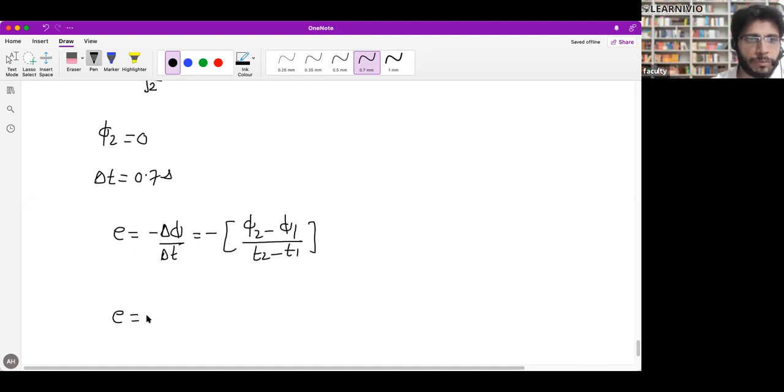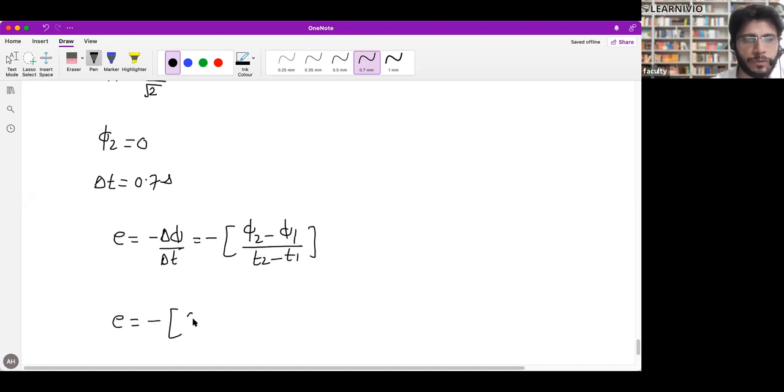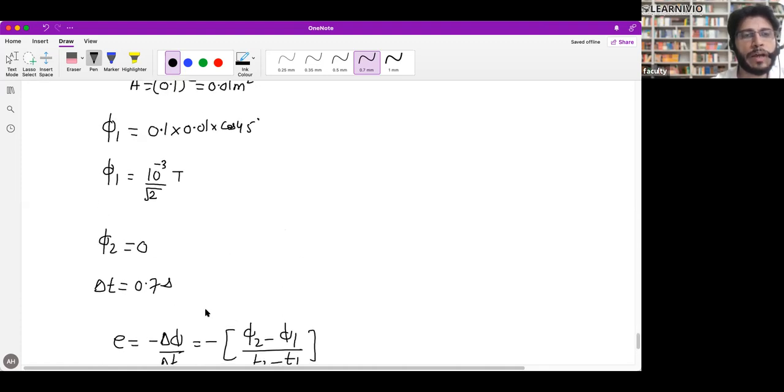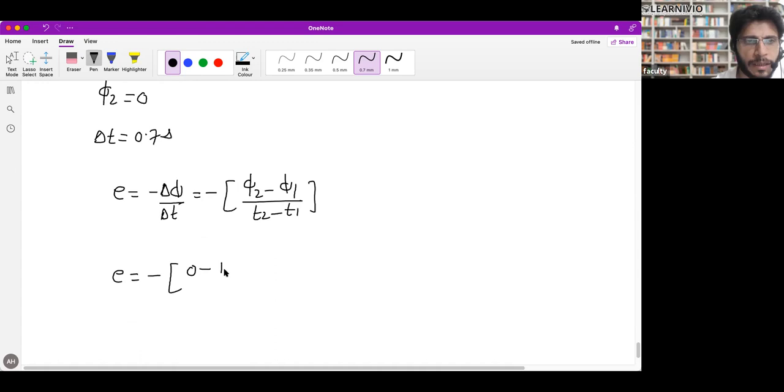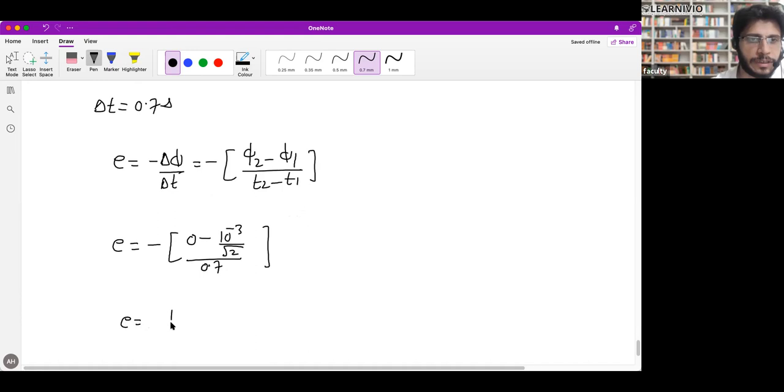So induced EMF is minus of phi 2, which is 0, minus phi 1, which is 10 raised to the power minus 3 by root 2, over T2 minus T1, which is 0.7 seconds. So the induced EMF is 10 raised to the power minus 3 over 0.7 into root 2.